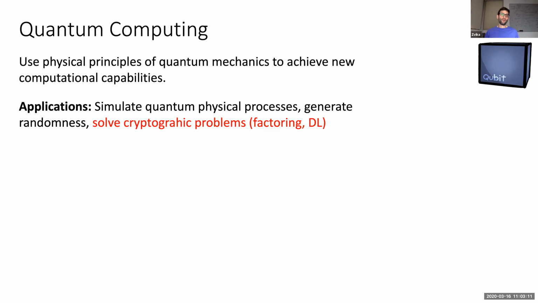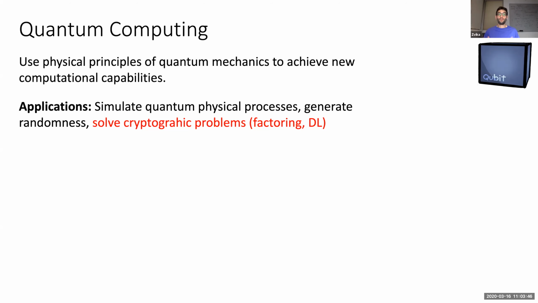Another application of quantum computers is to generate randomness. Using a quantum device, you can generate true randomness that is guaranteed to be uncorrelated with any other randomness in the world, which is a good idea, for example, if you use this randomness as a key for your cryptographic scheme. This is opposed to what we sometimes do now, which is to use stochastic randomness, which comes, let's say, from the least significant bit of the clock of your computer or things like that. Another application, which is of particular interest for this talk, is to use a quantum computer to solve cryptographic problems, such as factoring or discrete log problems.